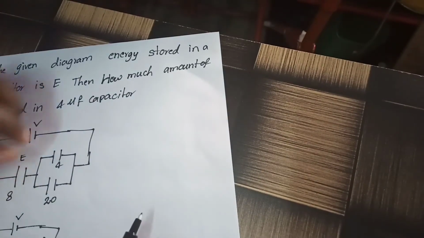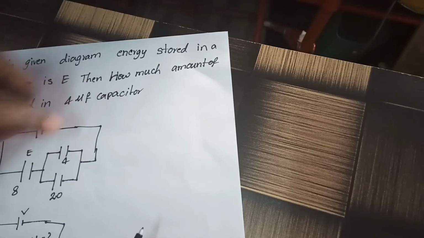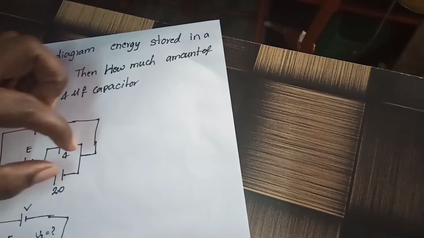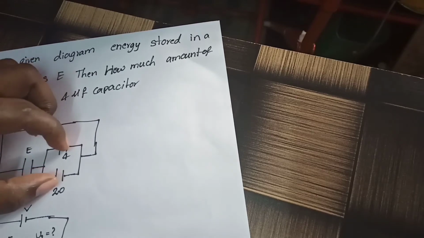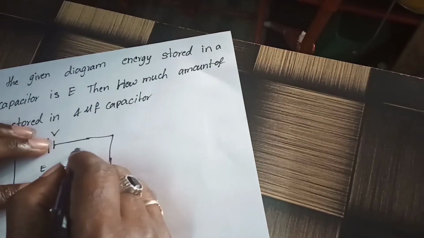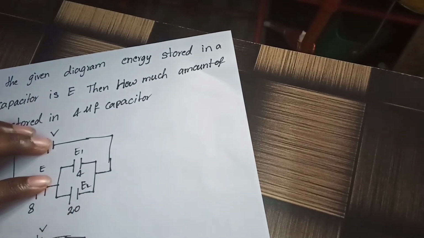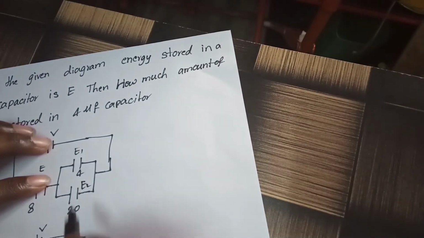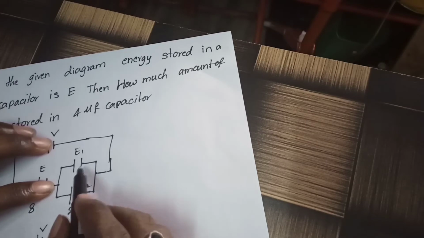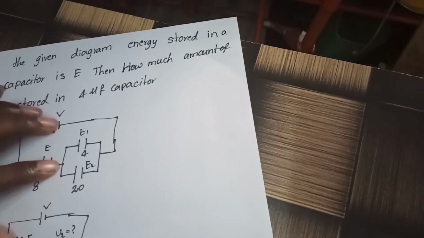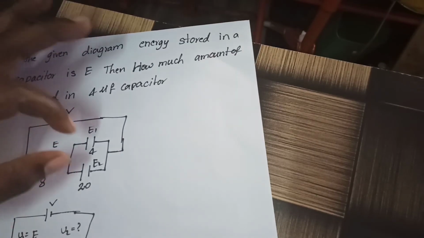Now we have to find the energy stored in this capacitor only. For that we take this small circuit. In this circuit, the energy stored here we don't know, so we take it as E1, and for this one we take E2. Now the potential difference is common for these two capacitors.